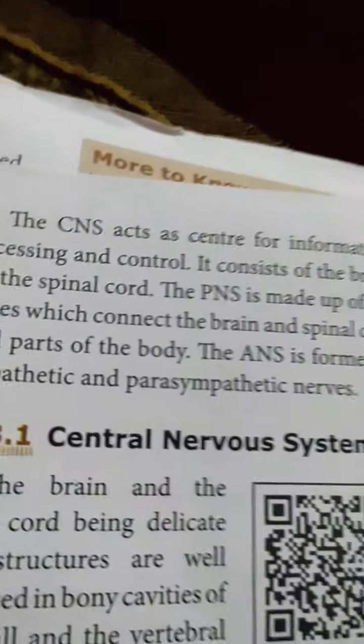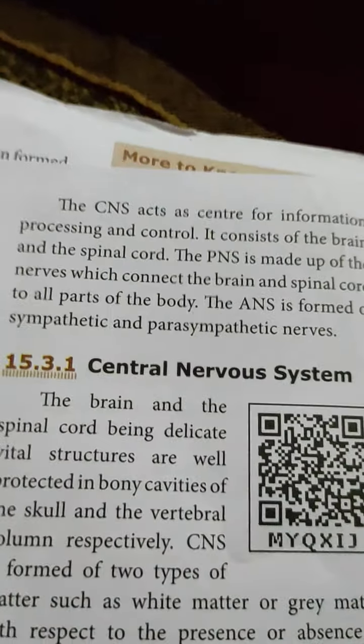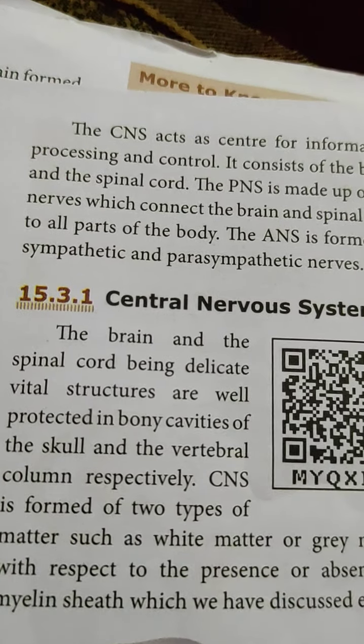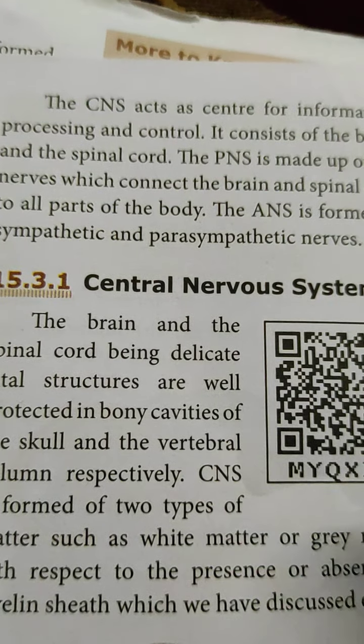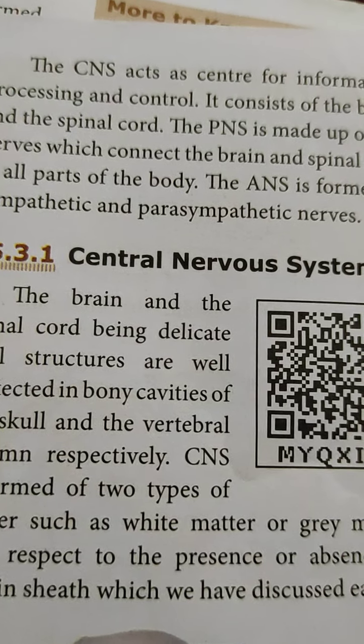The CNS acts as the center for information processing and control. Its main function is to be the center for information processing and control. The central nervous system is made up of two parts, brain and spinal cord.